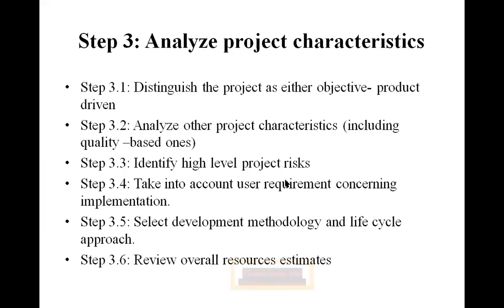All these types of risk are checked in step 3.3. We identify the risk, check if it occurs, and check how much effort will be needed. If the risk continuously goes on, we have to neglect that and go for other activities.